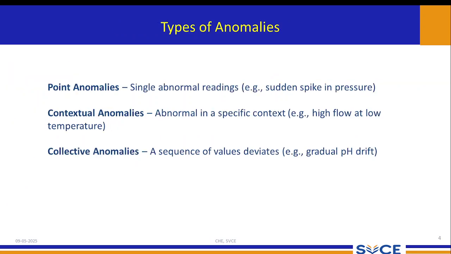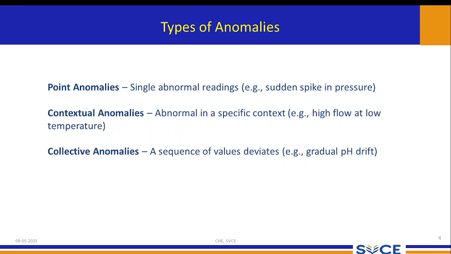Coming to the different types of anomalies: point anomalies, contextual anomalies and collective anomalies. What do we mean by point anomalies? Single abnormal readings, such as a sudden spike in pressure. Let's say you have a reactor and you want to measure the temperature or pressure with respect to time, or take a distillation column and find the pressure with respect to time.